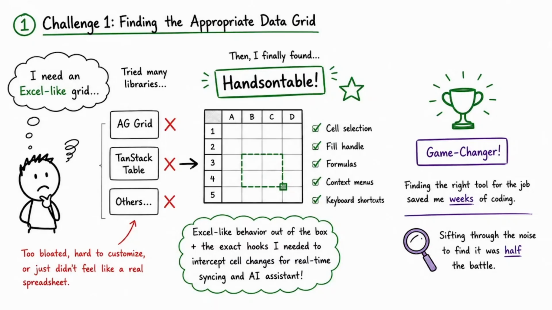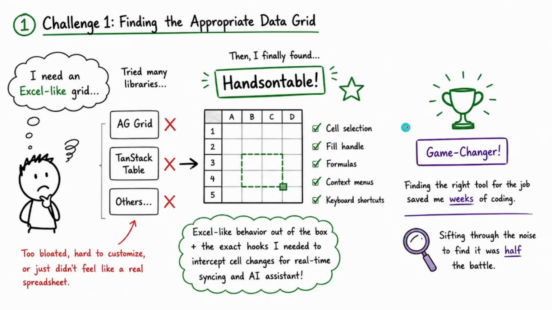But more importantly, it exposed the exact hooks and event listeners I needed to intercept cell changes, which was absolutely critical for me to wire up the real-time WebSocket syncing and the AI assistant I was building on the back end. Finding the right tool for the job saved me weeks of coding, but sifting through the noise to find it was half the battle.